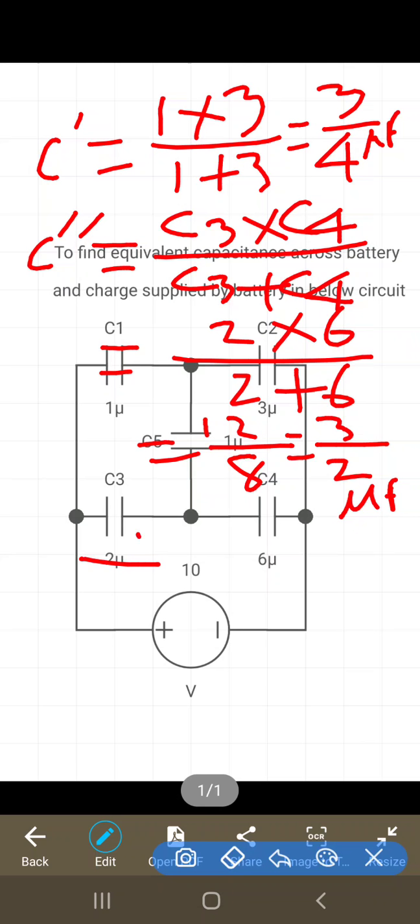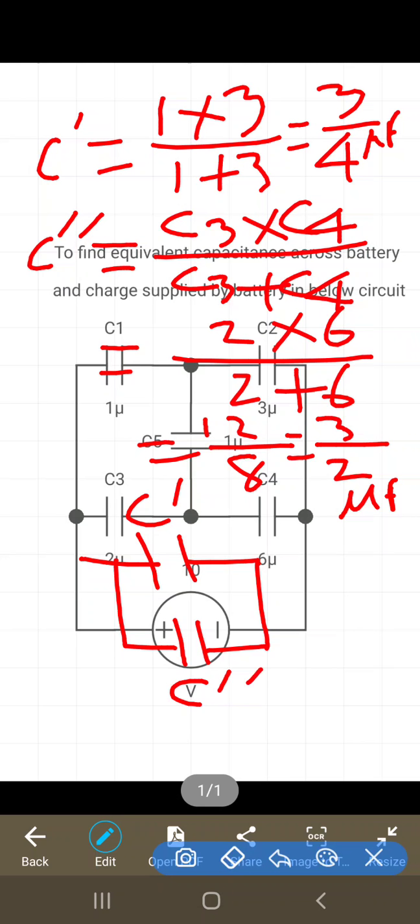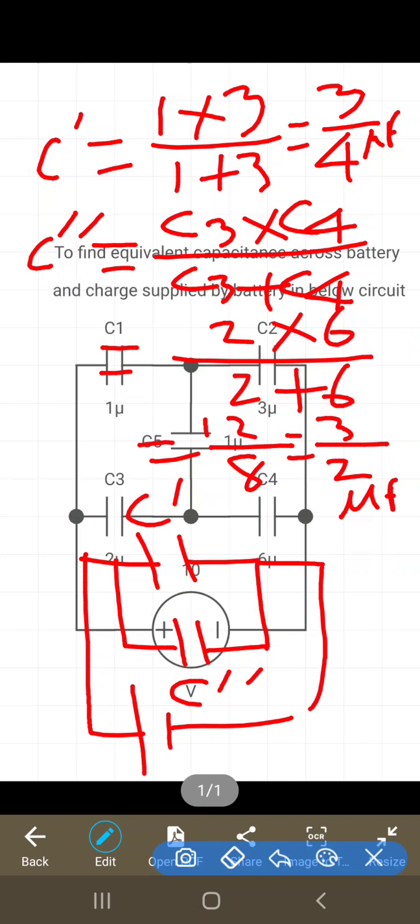Now C dash and C double dash are in parallel and the battery is connected across both as 10 volt.